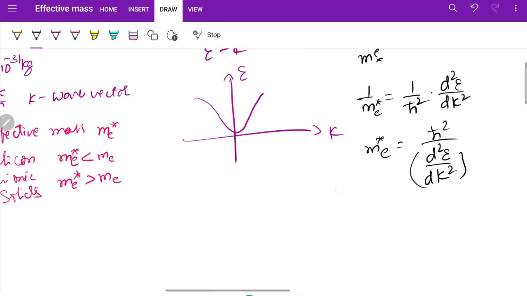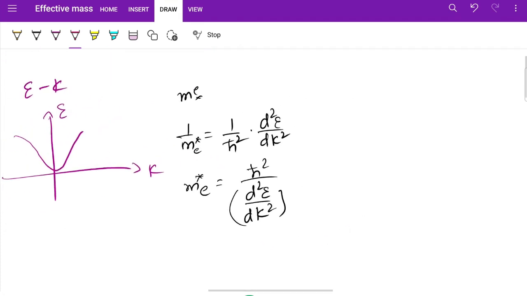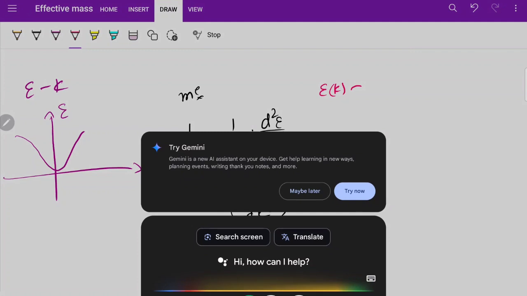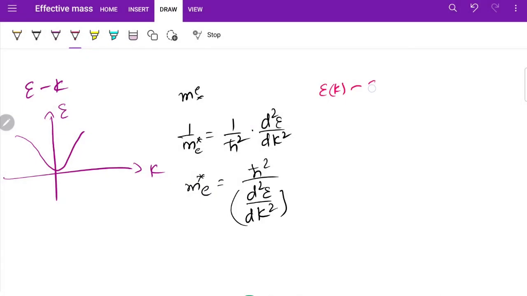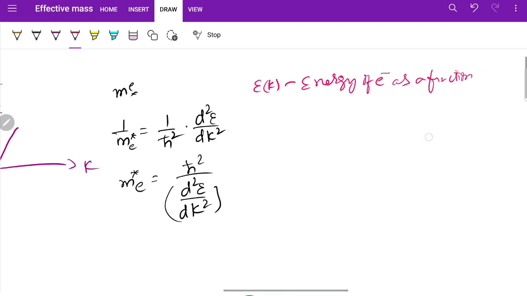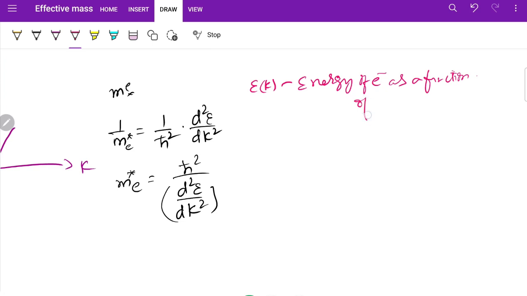Here E of k is the energy of the electron as a function of wave vector, and h cut is the reduced Planck's constant.